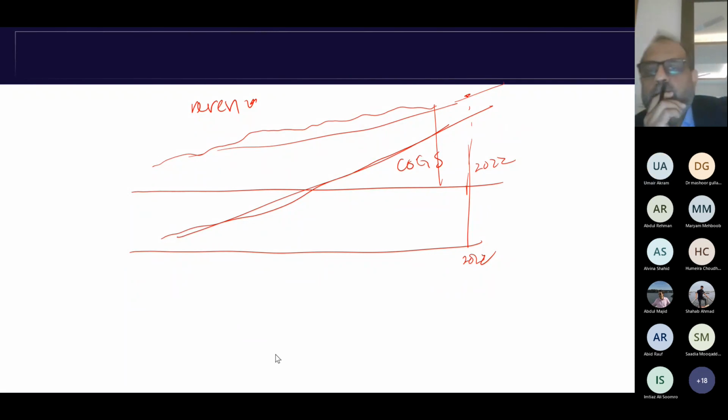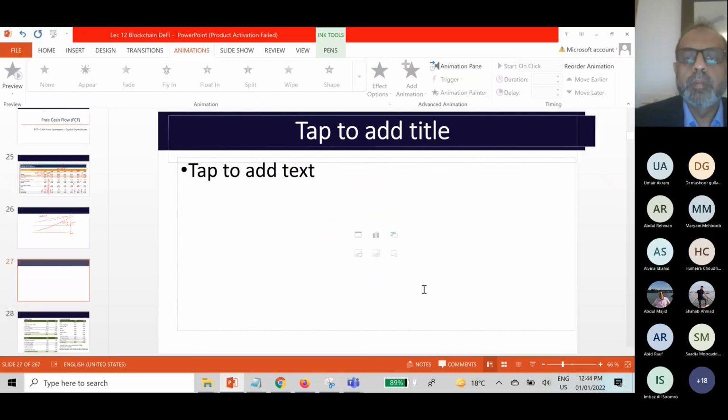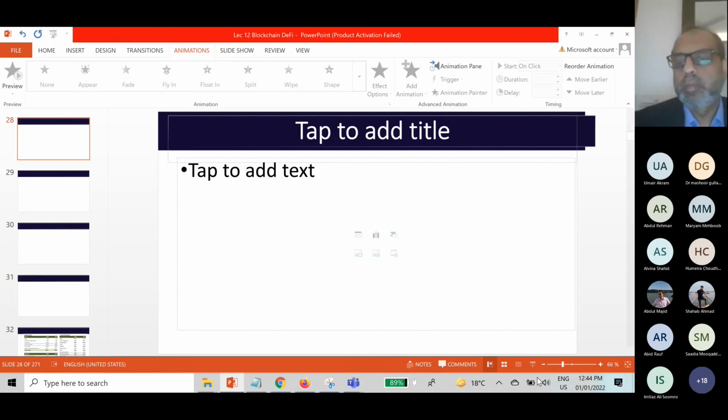Okay, so let me draw this again. So what I was telling you is that there is a horizontal analysis and a vertical analysis.